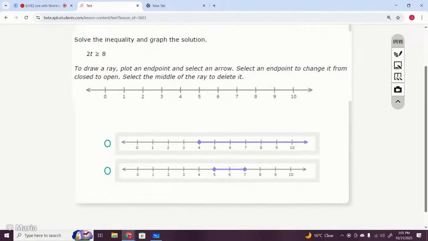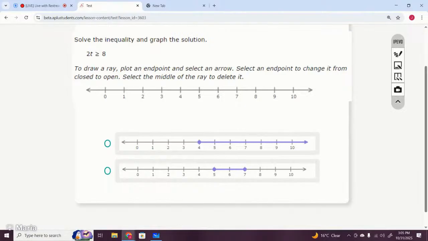2t is greater than or equal to 8. So t is greater than or equal to 4. So we have an equal also.